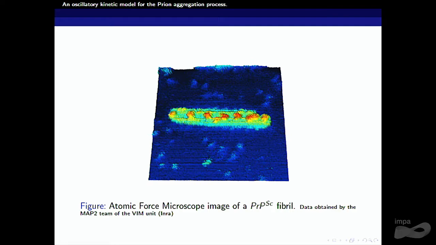So here is an atomic force microscopy image of a PrPSc fibril. We can see that the structure of the fibril is essentially composed of a monomeric form which elongates the fibril at the ends of the fibril.